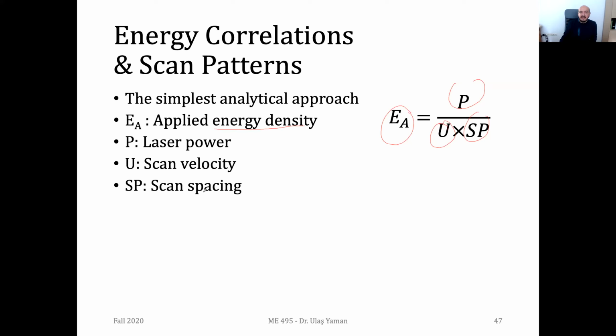And lastly, if you increase the scan spacing, for instance, let's compare these two, once you increase the spacing, then our EA, the applied energy density, will be decreased. So we can simply say that there is such a relationship between these four variables.